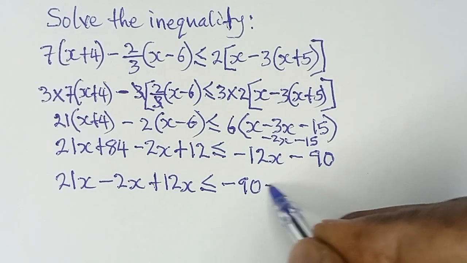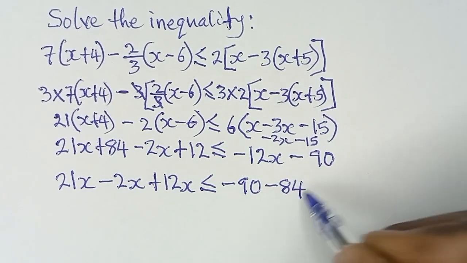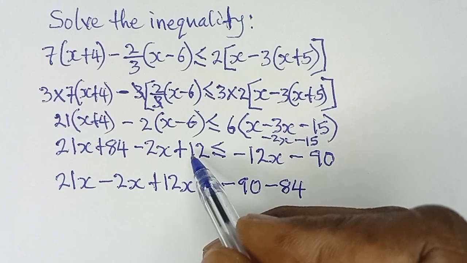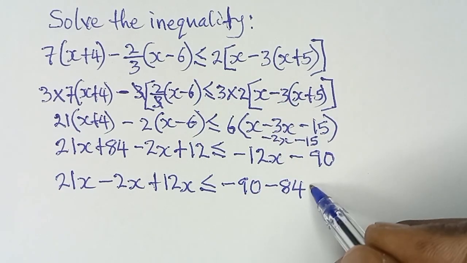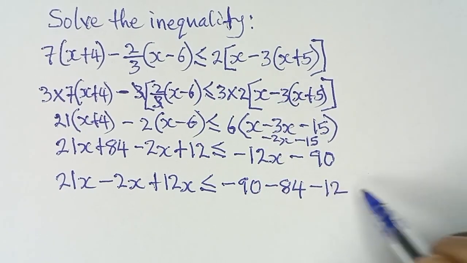If it comes to that side, it becomes negative 84. This is positive 12. If it comes to this side, it becomes negative 12.